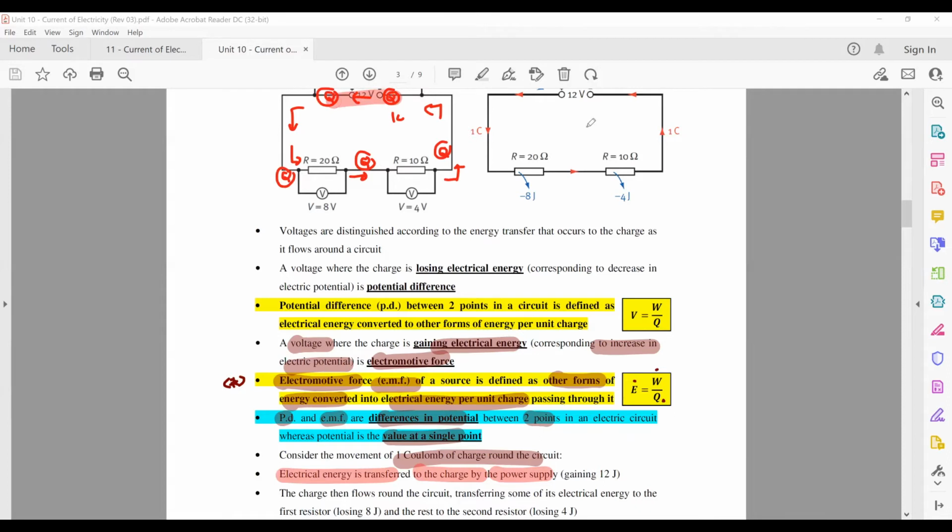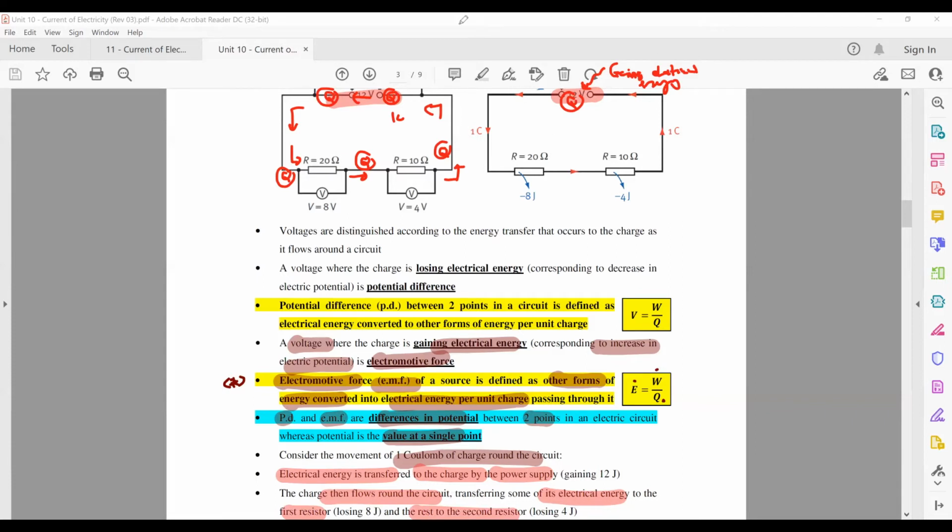This part here is where your charge gains electrical energy. Then the charge will flow through the circuit, transferring some electrical energy to the first resistor, and then the rest to the second resistor.